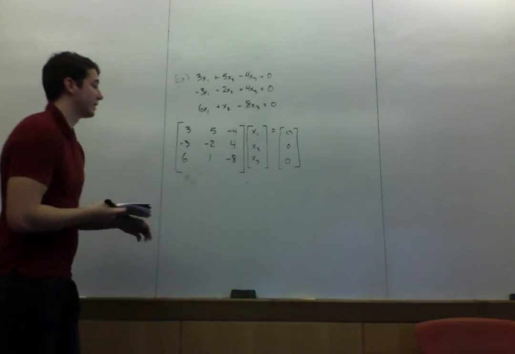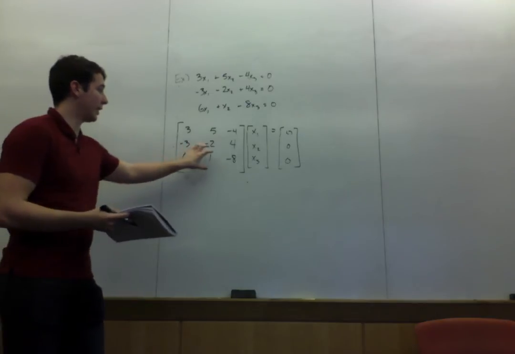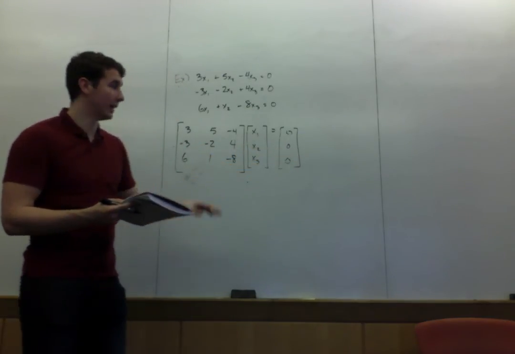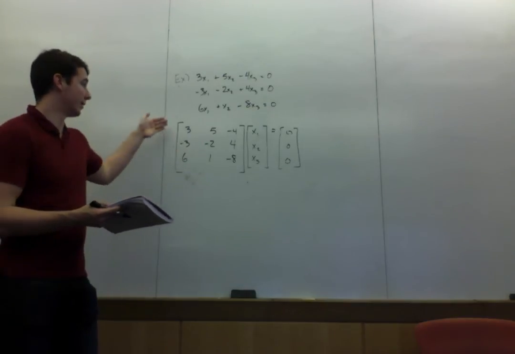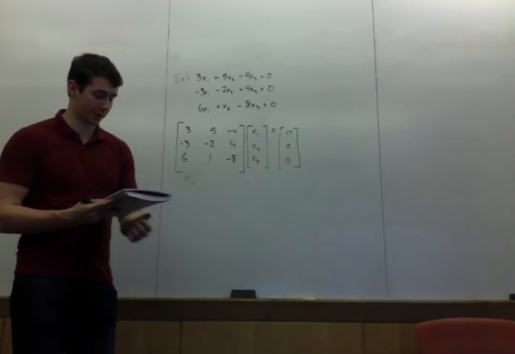So what we see is we have a homogeneous equation because we have A times a vector x equals the 0 vector in R3. We have 3 elements here, so we're existing in R3 for this problem.